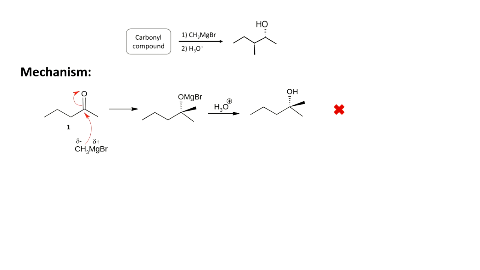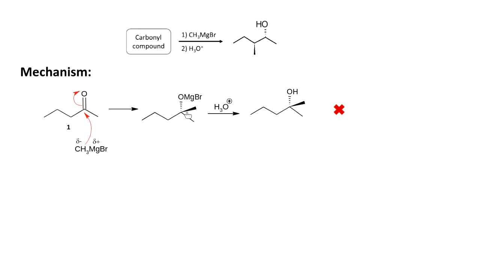So the alkyl group, in this case the methyl group, is delta negative, and the magnesium is positive. And so this acts as our nucleophile, which attacks the carbonyl. The pi bond of the C=O breaks, the oxygen becomes negative, and we have our counter ion of magnesium bromide. So we have added the methyl group.